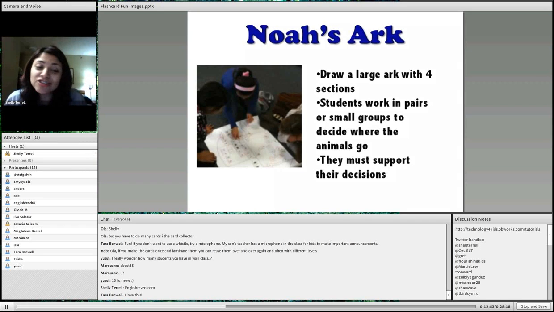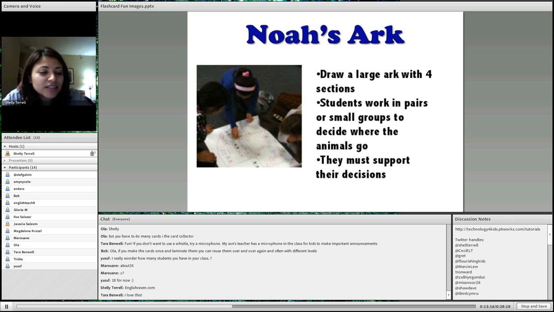But if student B does not use the vocabulary word correctly, then they don't get paid for that fortune. So that's one way to do it. And then at the end, whoever has the most play money wins. And they switch roles, and then the other one gets to do it as well.